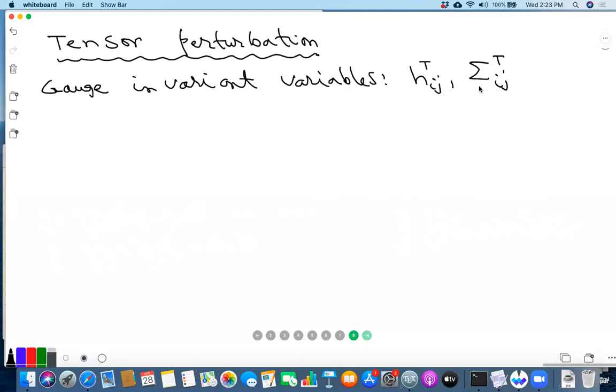The trace is zero, the divergence is zero, and so on. You'll be working in momentum space again. So divergence zero means k_i H_ij equal to zero and k_i sigma^T_ij equal to zero.